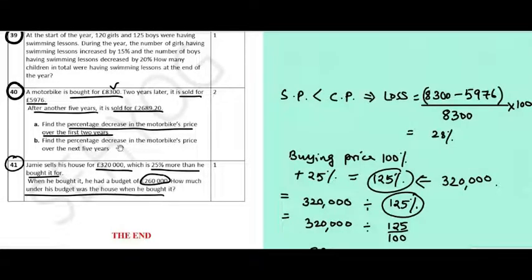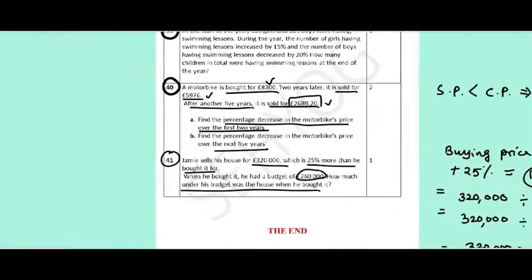Again, find the percentage decrease over the next 5 years. So next 5 years means we are starting from 5,976 and we are going to 2,689.20.